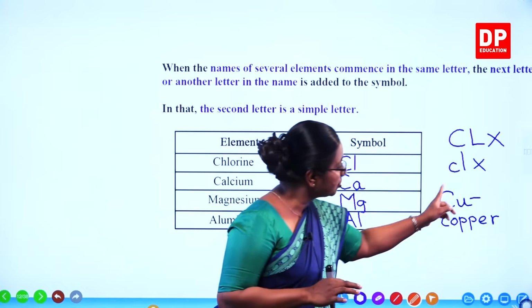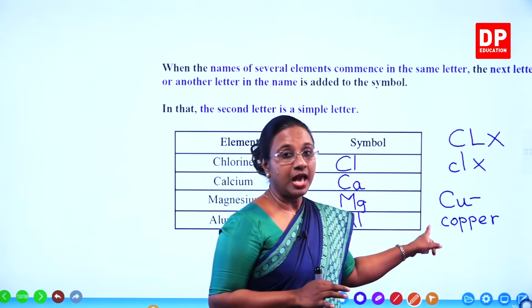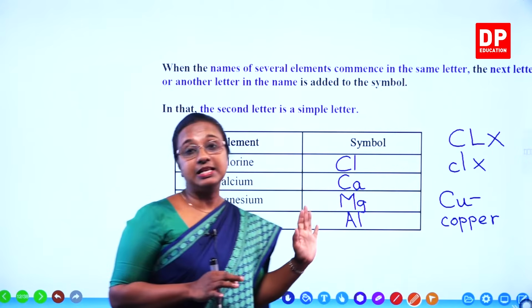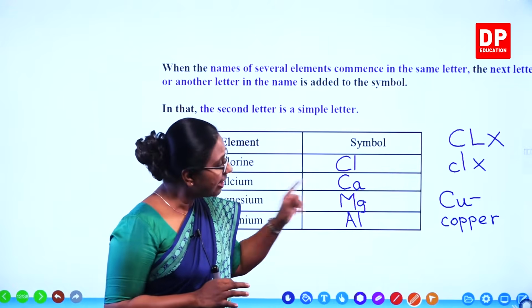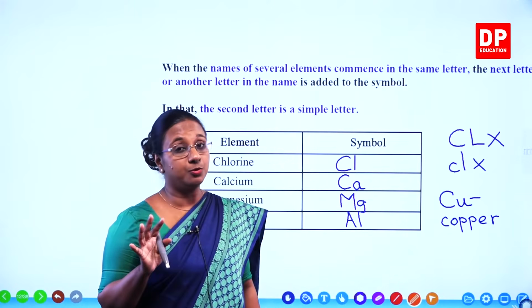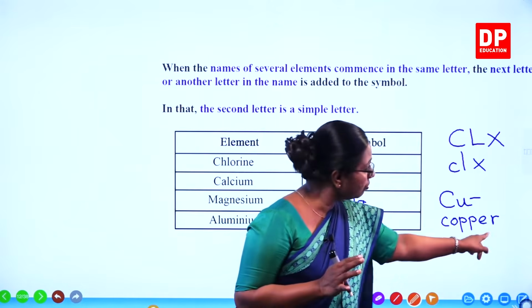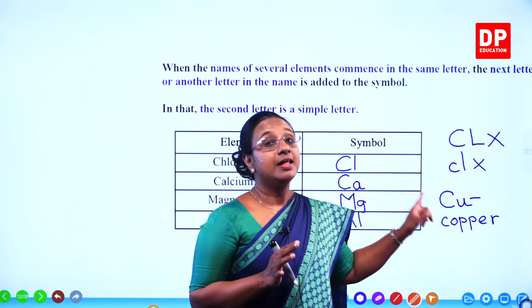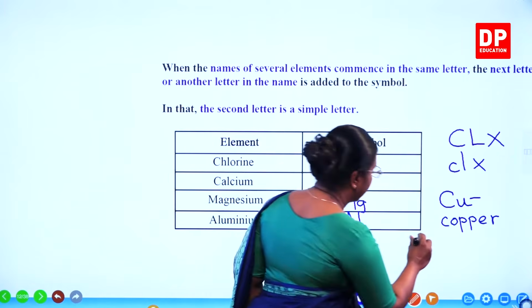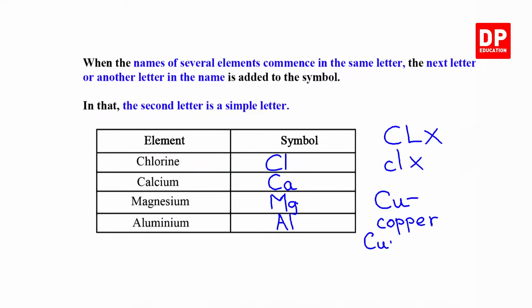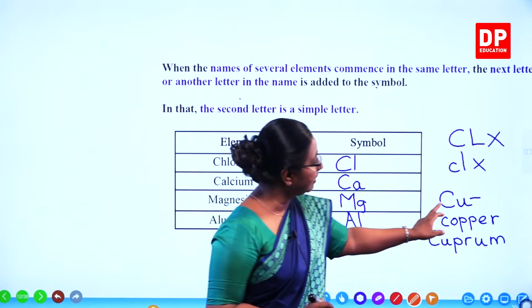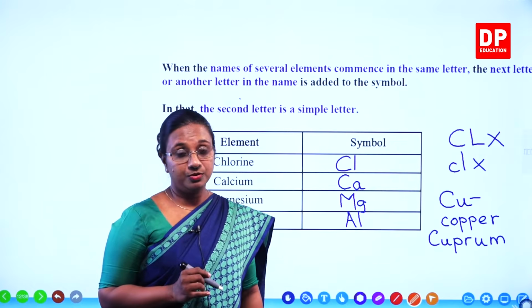So then, I told you all this copper. Now, copper is the English name. But we have given the symbol Cu. There is no U in this name. The reason is copper has a Latin name, cuprum. So in this, you can see Cu. That is why we give the symbol as Cu.